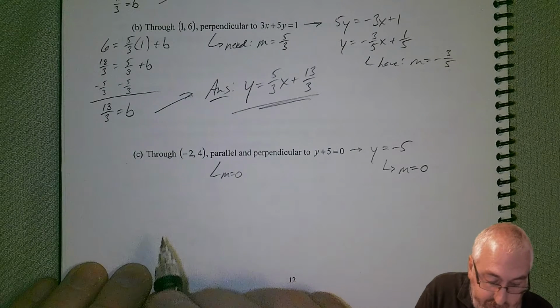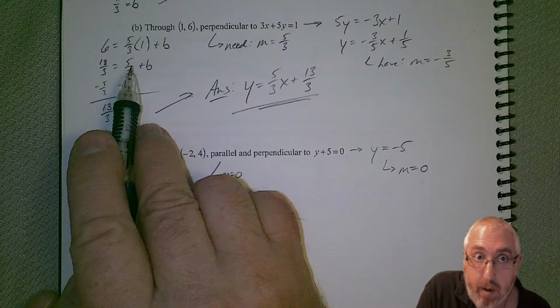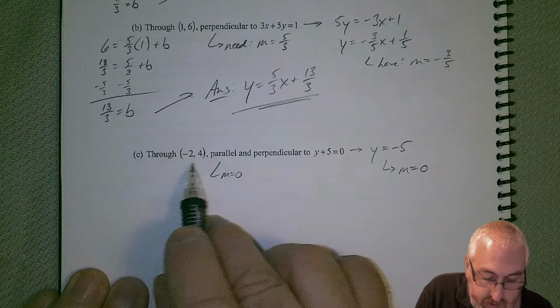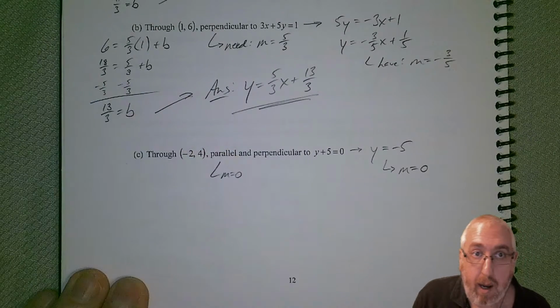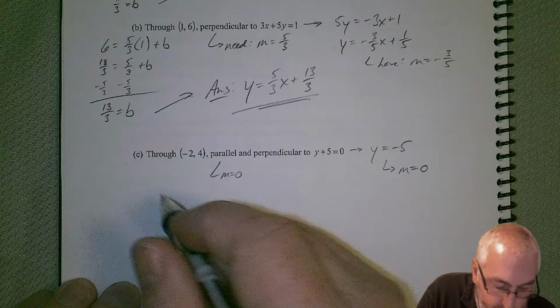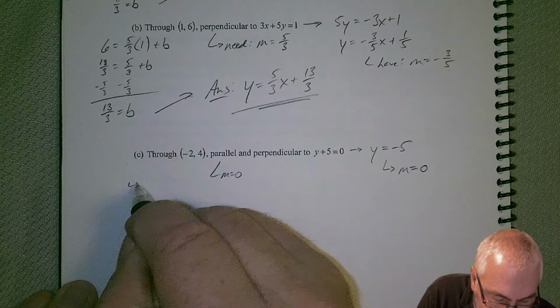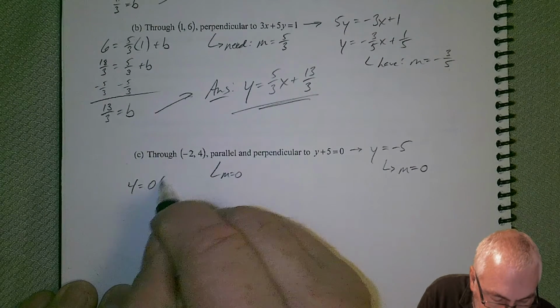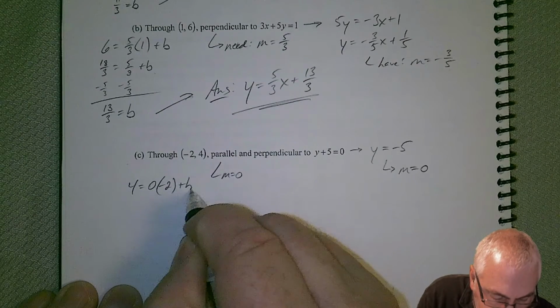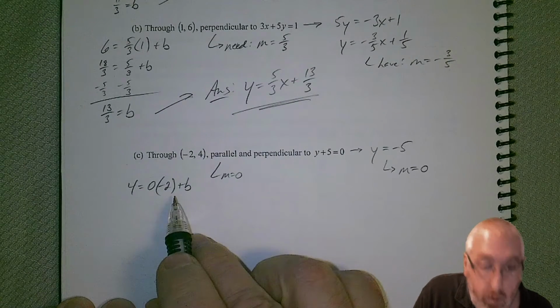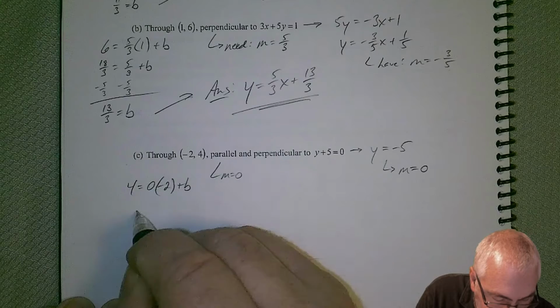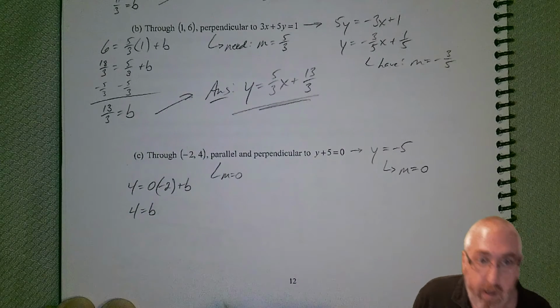Well, let's plug everything in. Same way we did up here. We're going to plug all this information into our y equals mx plus b. So we got 4 equals 0 times -2 plus b. So we got b equals -4.